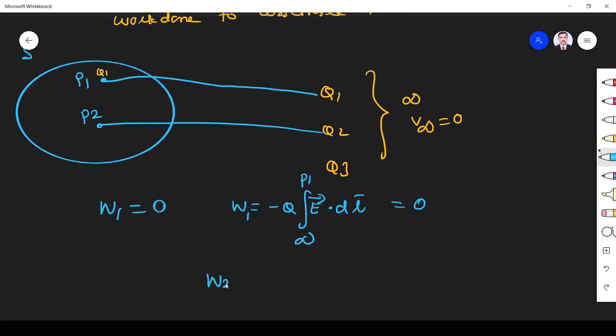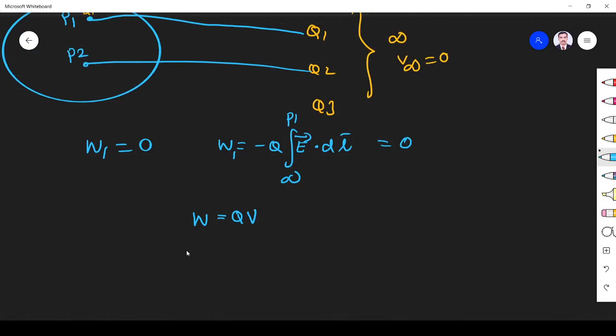We know that the work done is stored as potential energy, W is equal to Q into V. So I write the work done to move charge 2 from infinity to point 2 as W2 equals Q2 into V21. Q2 is a charge, and V21 is nothing but the potential at point P2 due to Q1.